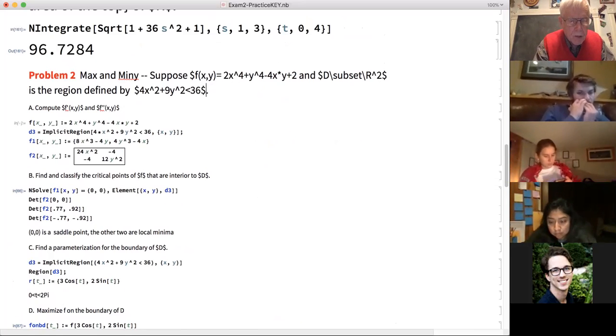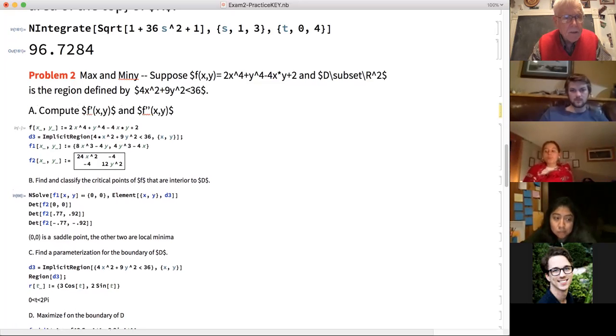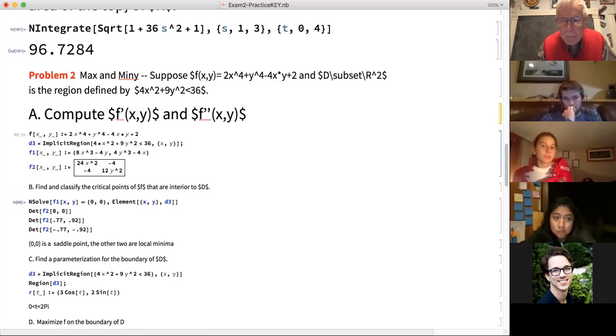So this probably came from last year's stuff. But anyway, here we go. And once I get the problem straight, then I'd like you to compute the first two derivatives.